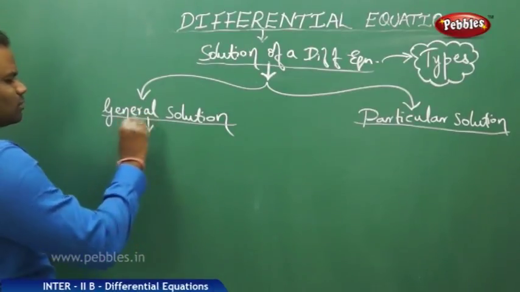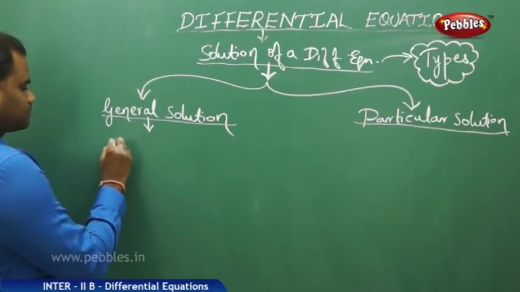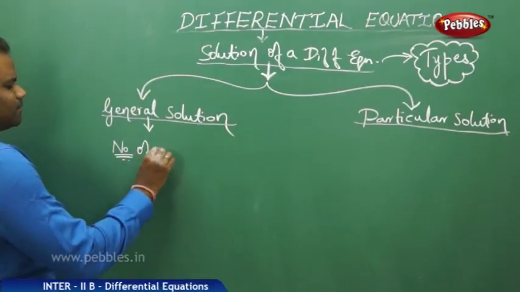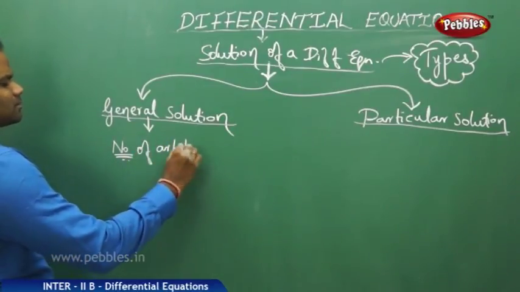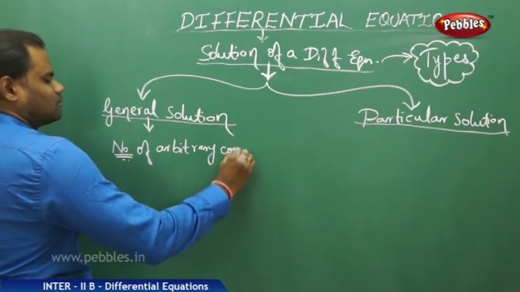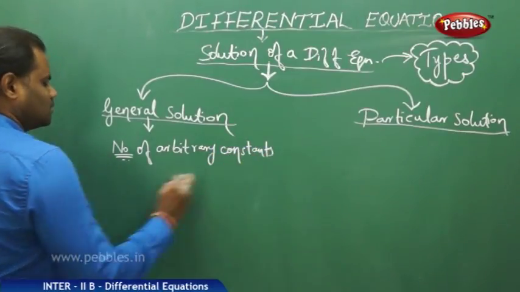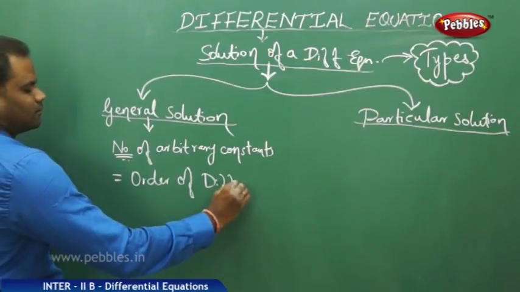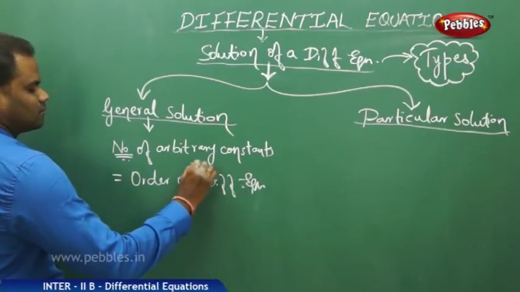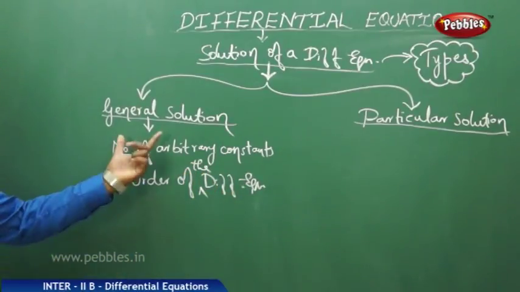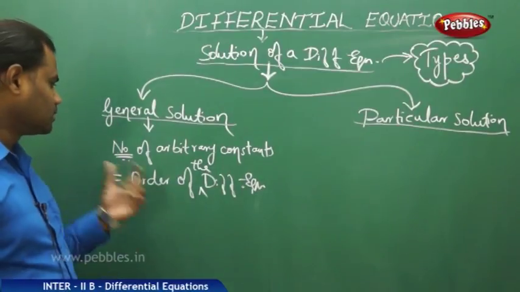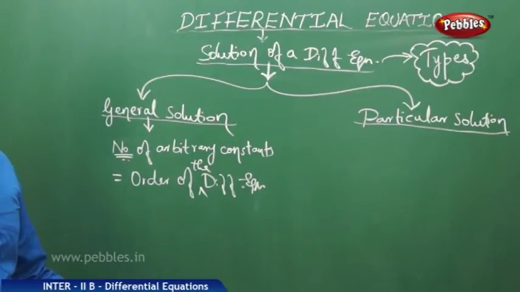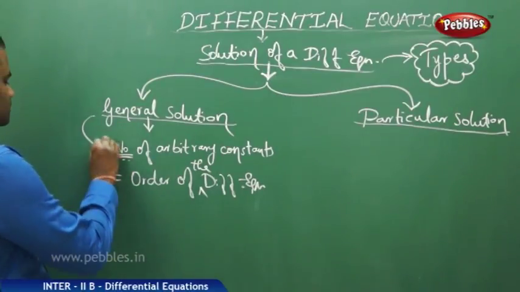General solution is a solution in which the number of arbitrary constants is equal to the order of the differential equation. Then in this case, the solution in which the number of arbitrary constants is equal to the order of the differential equation is said to be the general solution.